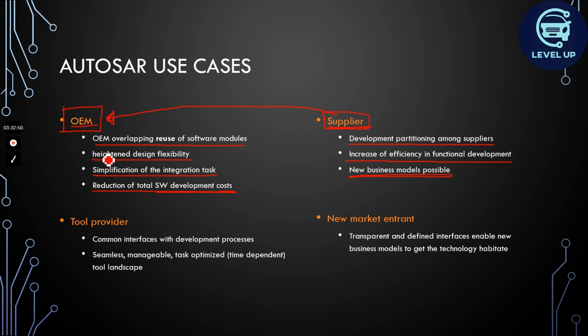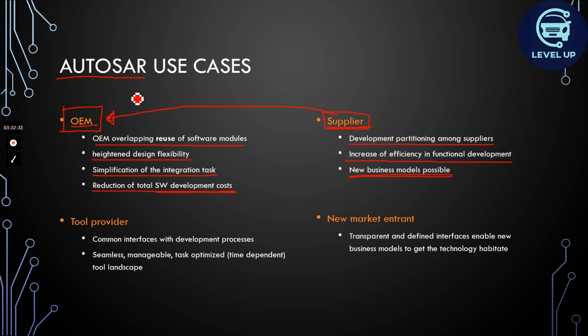Now, tool providers. AUTOSAR, as I have told you, is an architecture. One more point we have gone through is that ultimately the code is generated into .c and .h files.